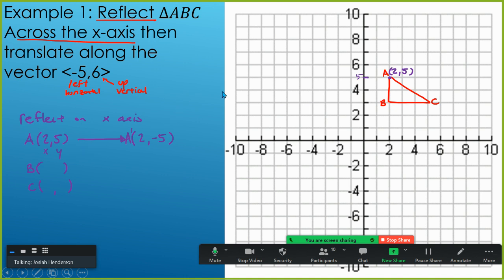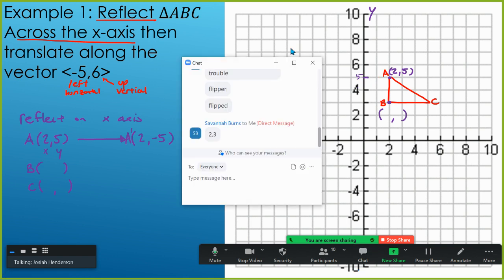So let's locate B. Can anyone tell me, on looking at my screen, where does point B live? The original. Where's the original point B? We want to find its x and its height. Oh, awesome. In the chat, I see one comment, 2, 3.